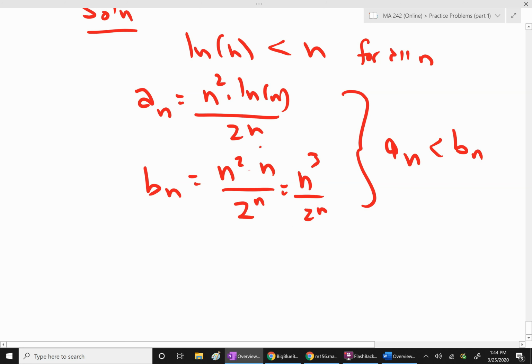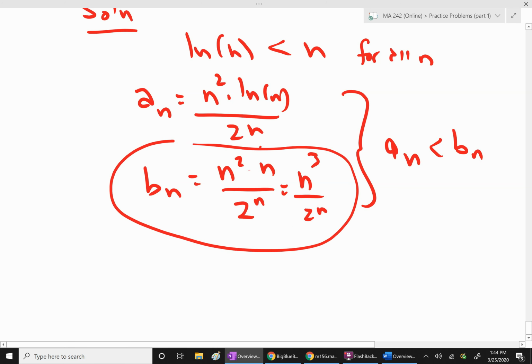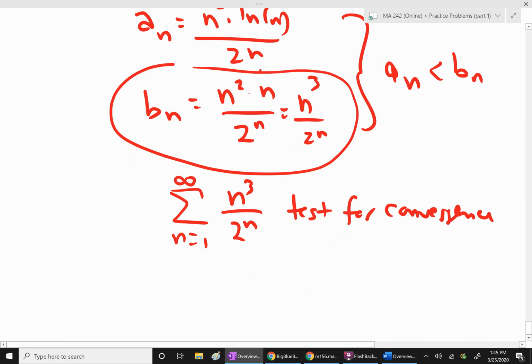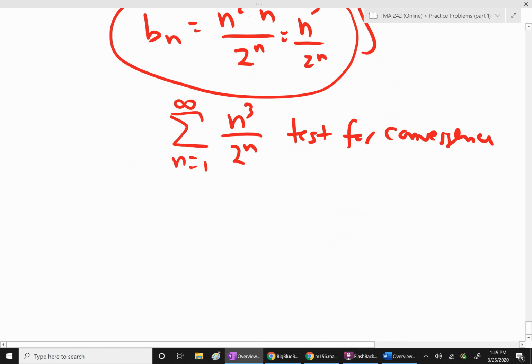Now I'm going to test this infinite series for convergence. I'm going to do exactly what I did a second ago. I'm going to use the ratio test.